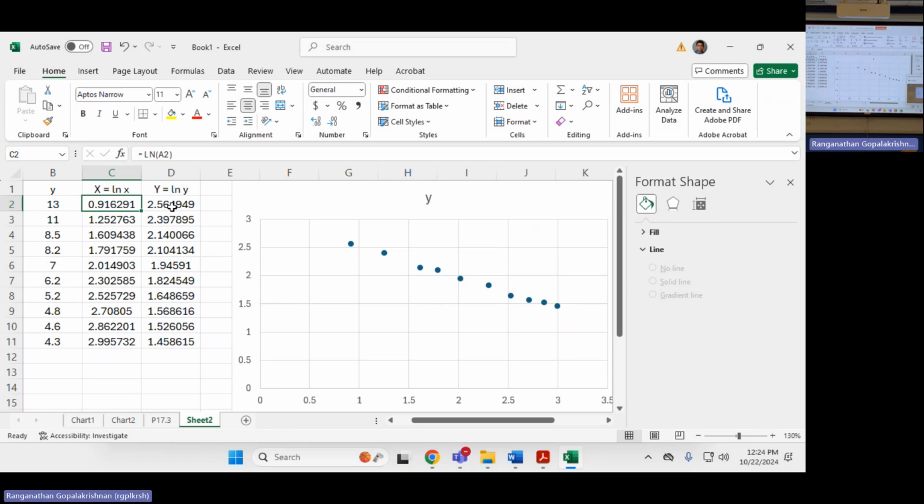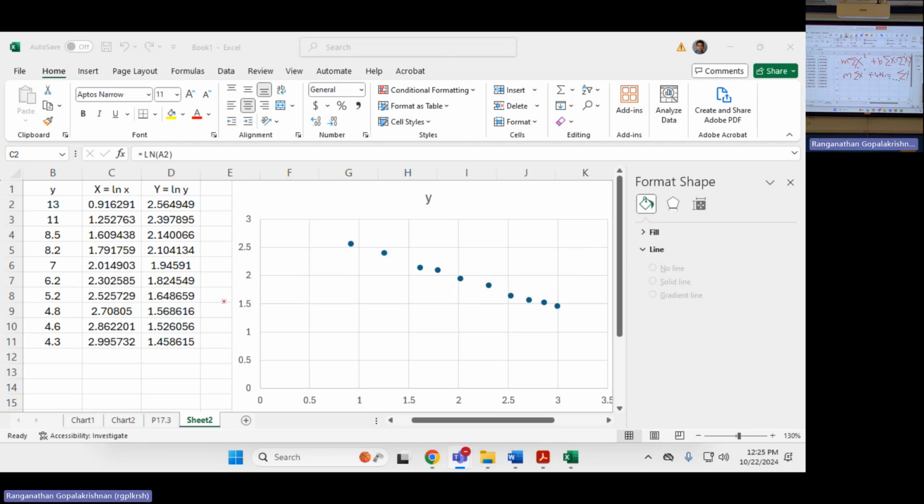So if you call this x, what is our equation behind the screen? Do you remember that? That is m times sigma x squared plus b times sigma x equal to sigma xy, and then m times sigma x plus b times n equal to sigma y.